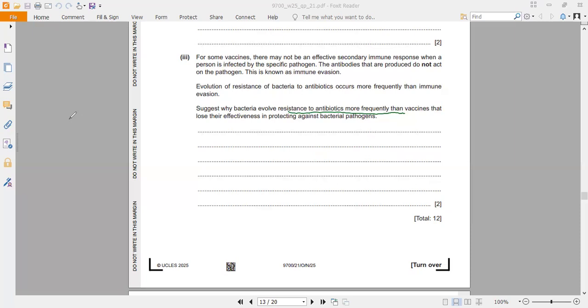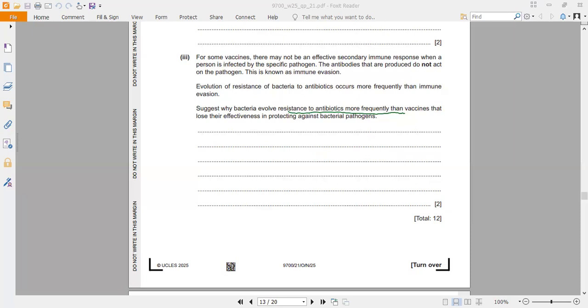A single mutation in that one target can render the drug useless. So antibiotics are passive chemical tools. If the bacteria change the shape of the target protein, the antibiotic can no longer bind. But the immune response is active. The body produces a diverse army of B cells and T cells, making it much harder for a pathogen to hide from all of them at once.